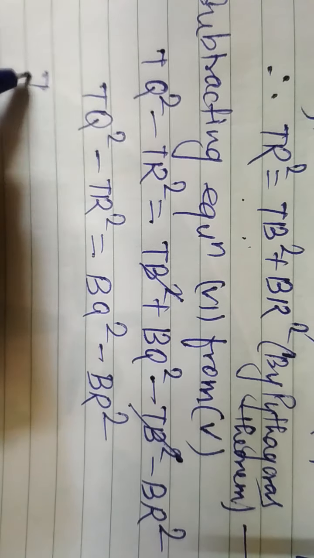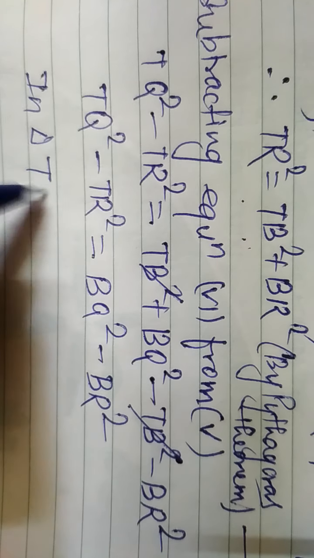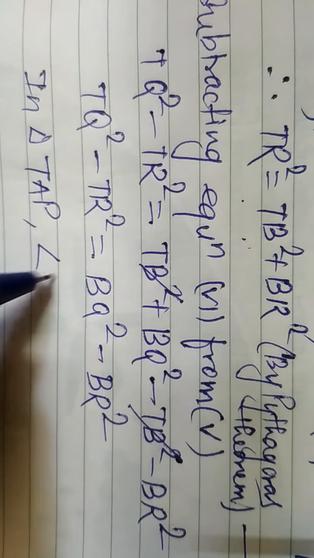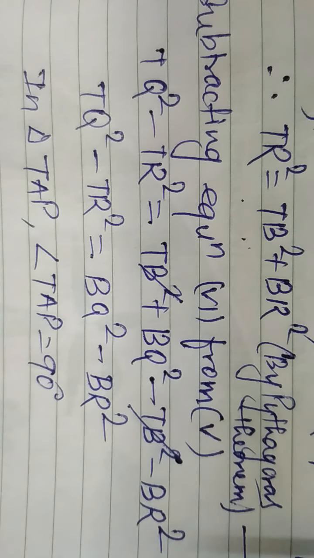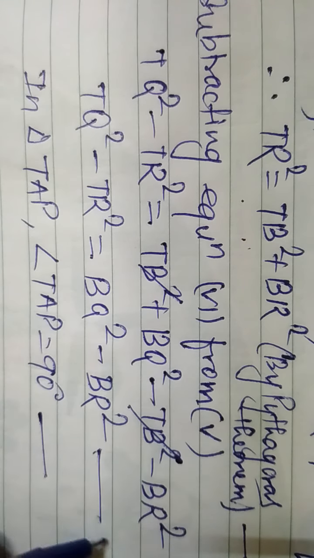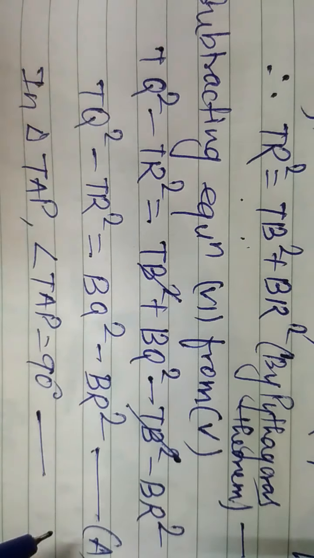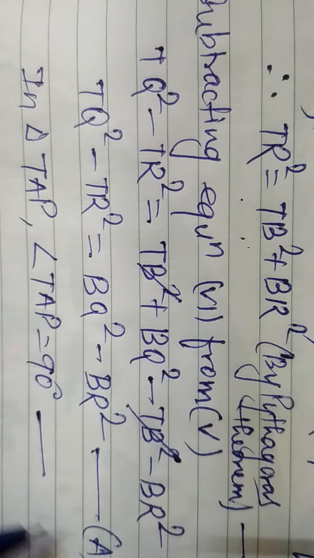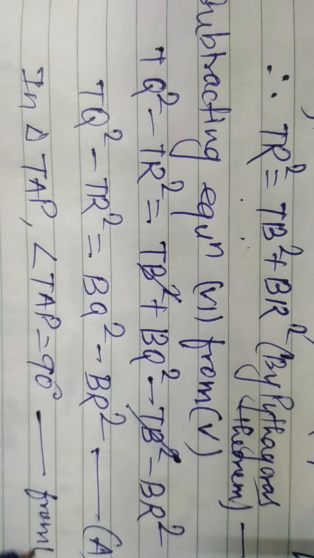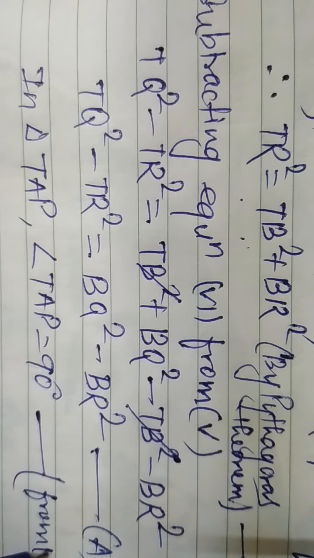So now we will take triangle TAP, where angle TAP is 90 degrees. Suppose we take this equation as A, which we are getting from the previous equation, that is equation 4.